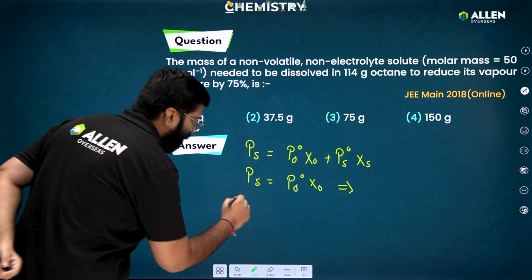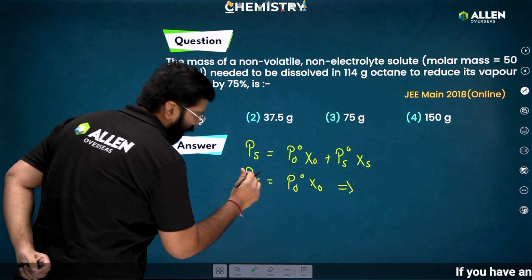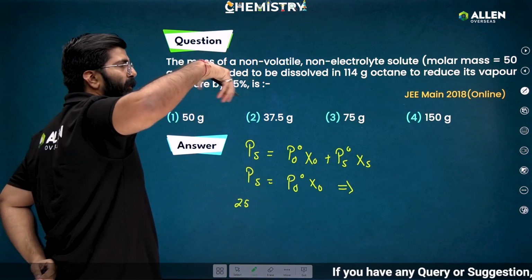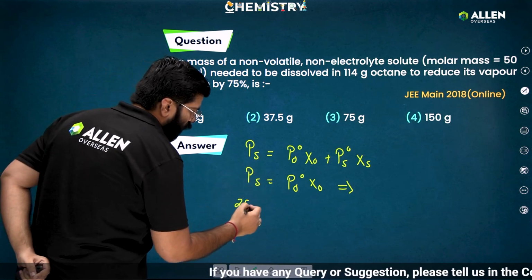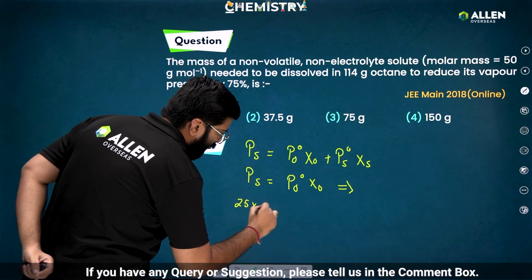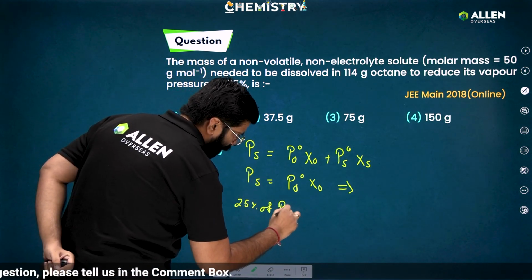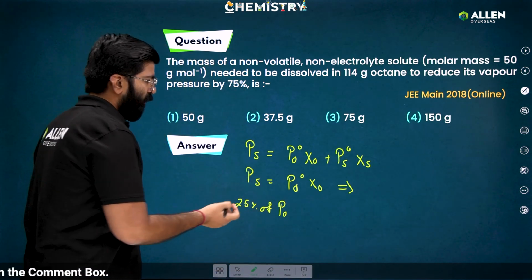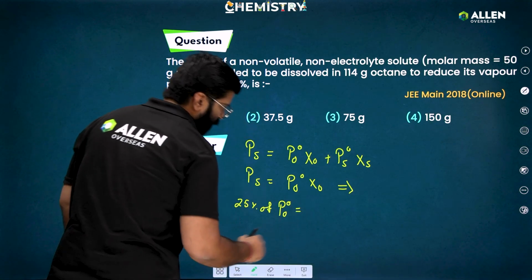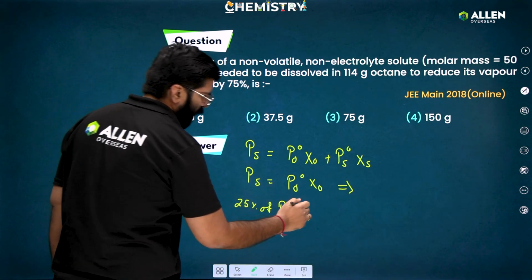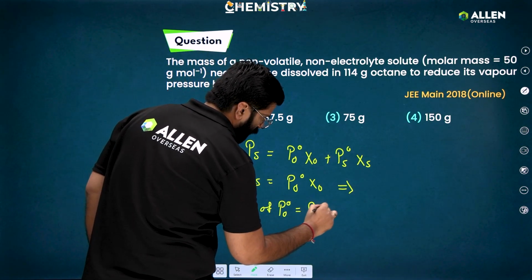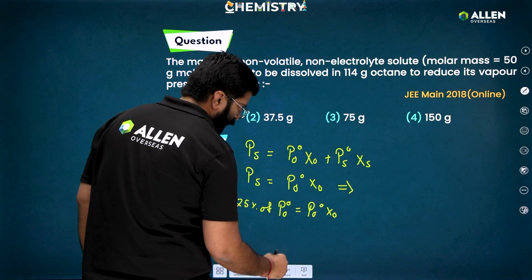So I will write the total pressure is 25% of P naught O, times the mole fraction of O.